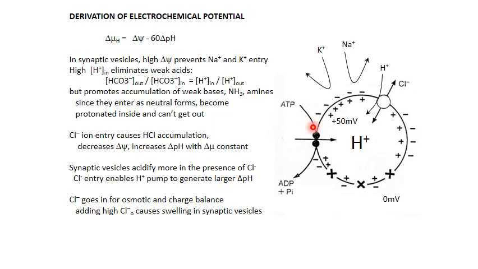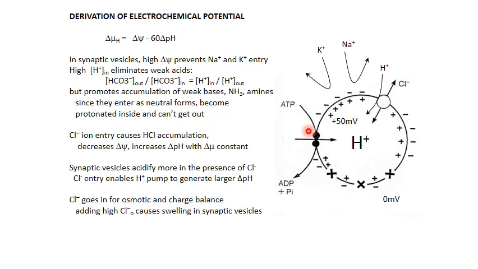Now, the high hydrogen ion concentration clearly is attracting chloride as a negative ion to counterbalance that, both for charge balance and for osmotic reasons. And as chloride comes into the vesicle, it also can bring hydrogen with it.